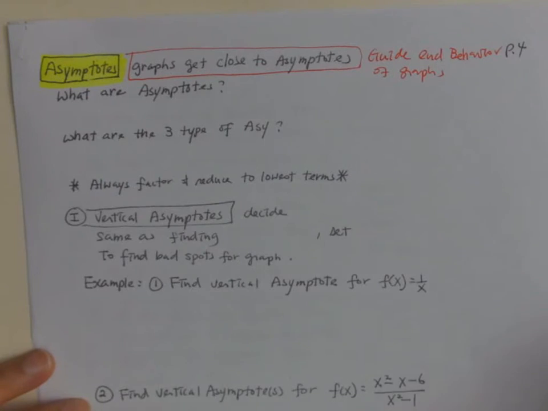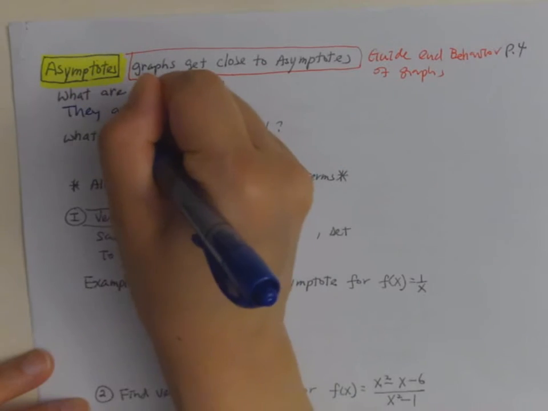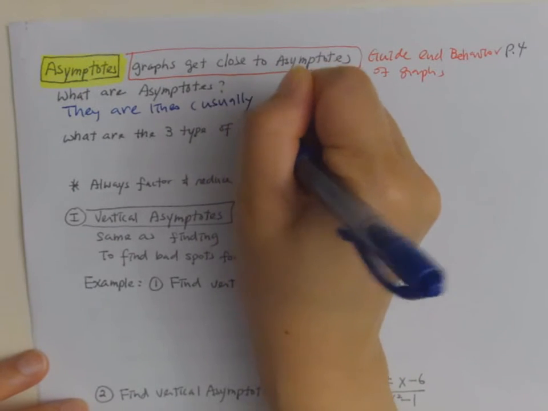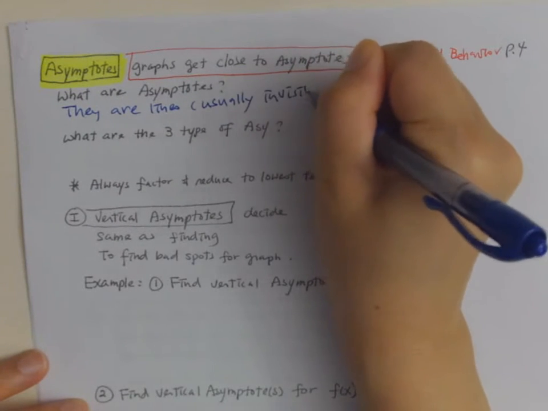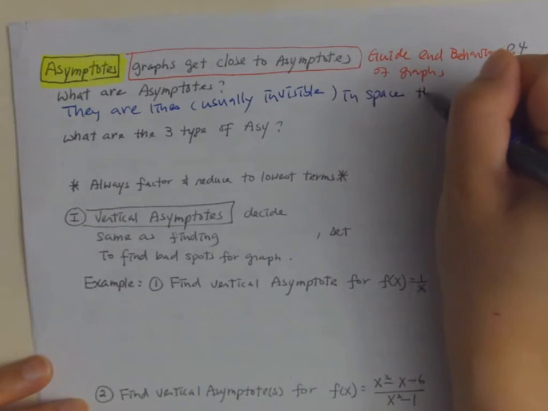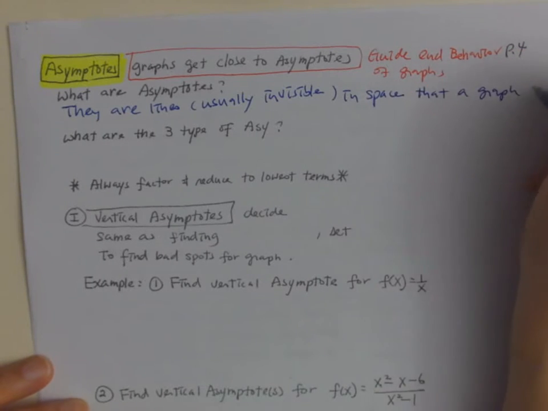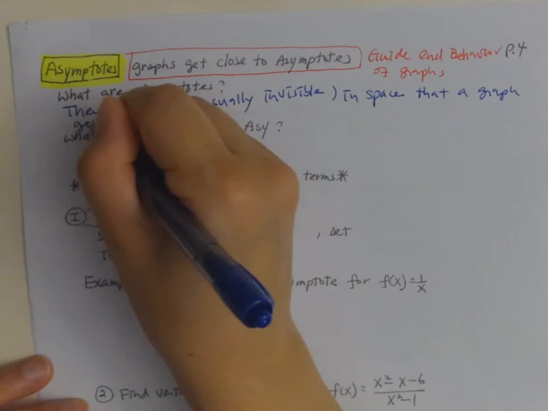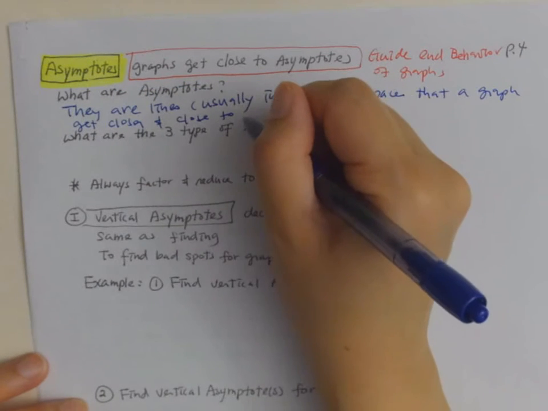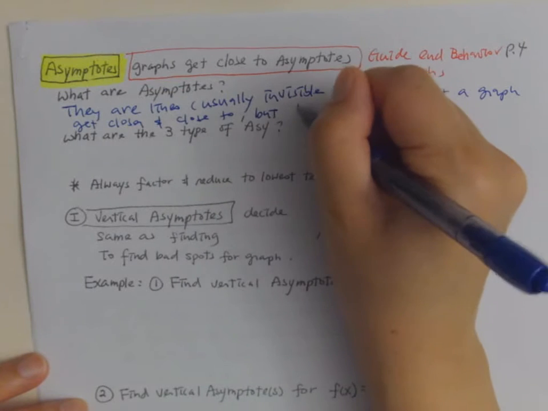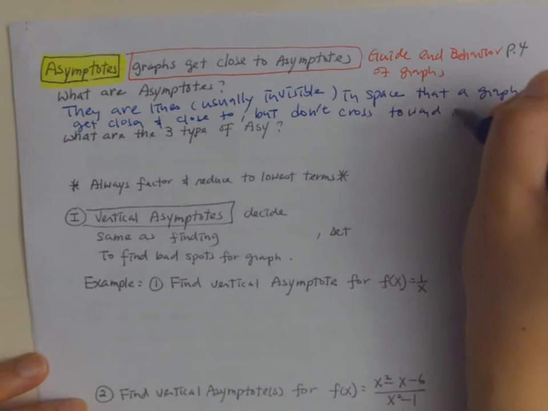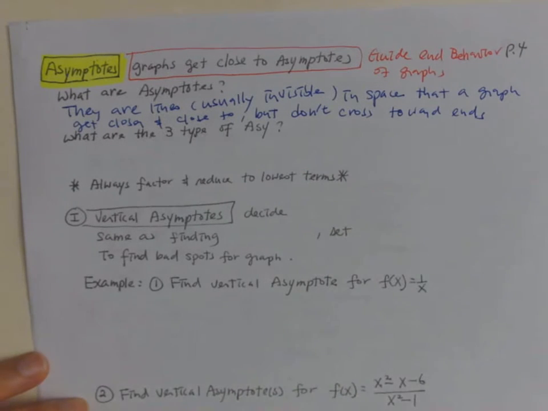They are lines, and usually they are invisible, in the space that a graph gets closer and closer to, but doesn't cross toward the end. Okay, so it guides the end behavior.